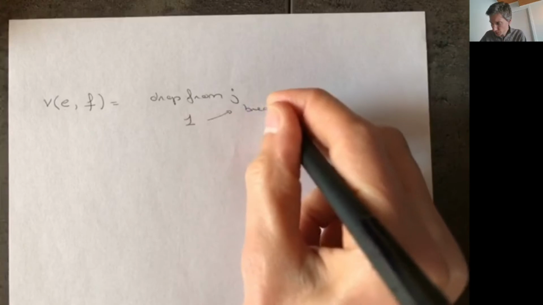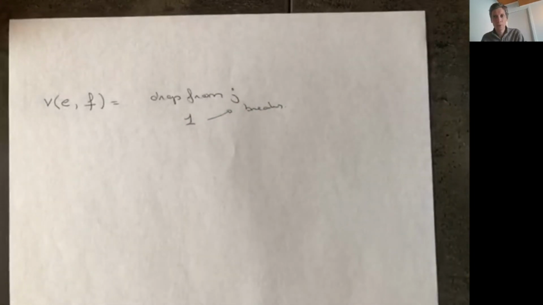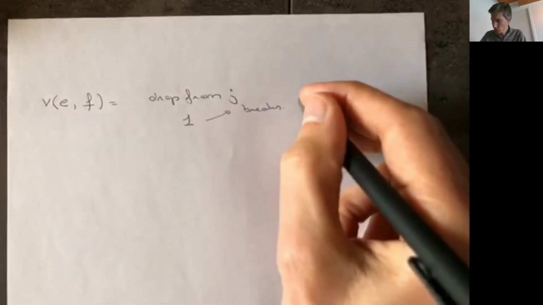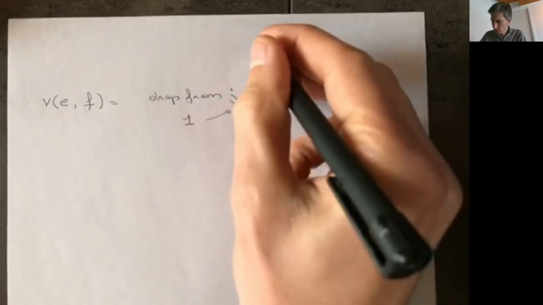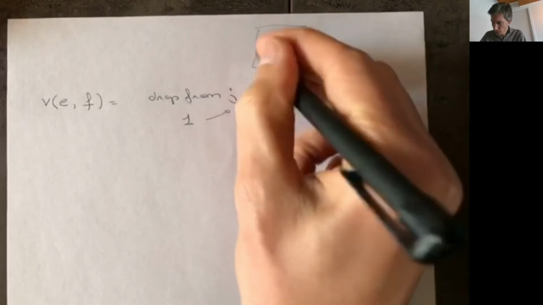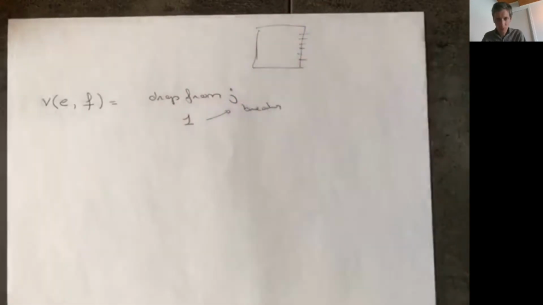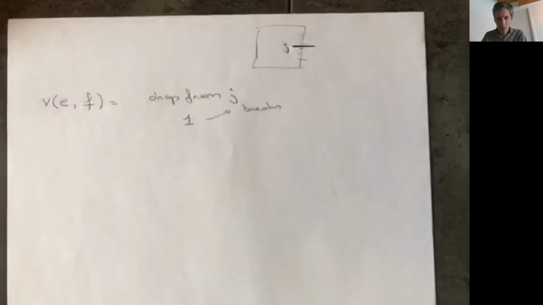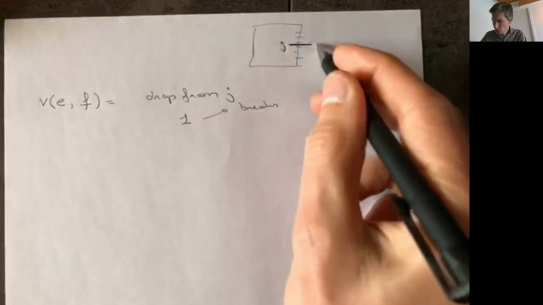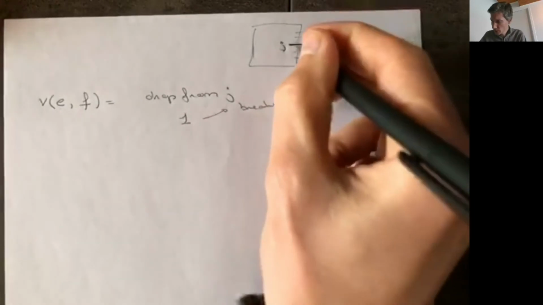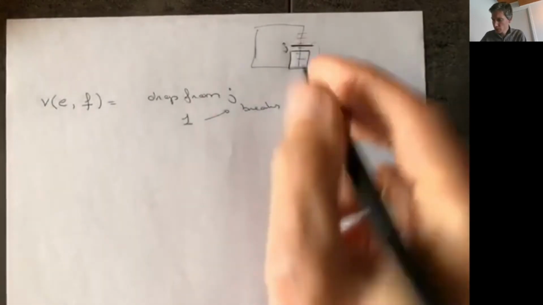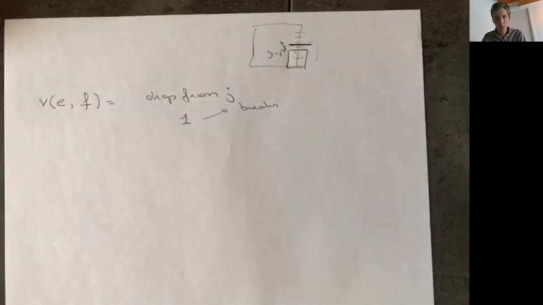And then there are 2 possibilities, right? Either it breaks. Okay, so if it breaks, then I know that the critical floor is below J. Okay, so now I only have to consider, right? So if this is my apartment building, I have a number of floors. Okay, so if this is floor number J, which is right here, so if I drop my egg here and it breaks, then basically I only need to consider the smaller apartment building that starts from floor J minus 1.